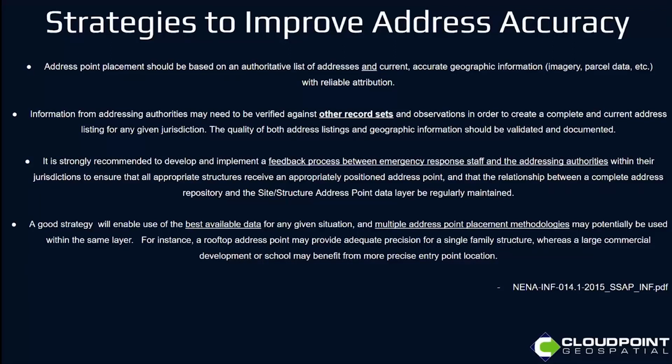And then finally, a good strategy would be to take all the best data that you have available for a given area or situation, and use multiple address point methodologies for larger areas to combine the strengths of all of those methodologies and leave you with a more accurate data set in the end.